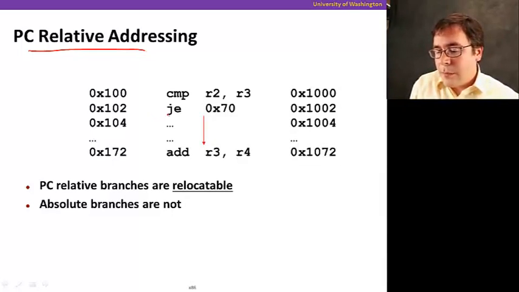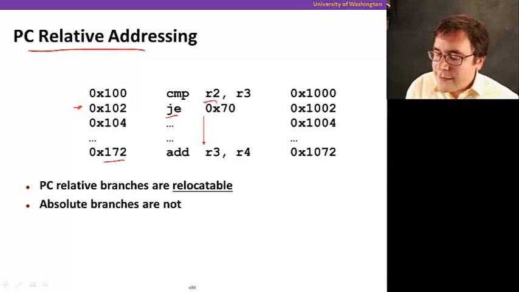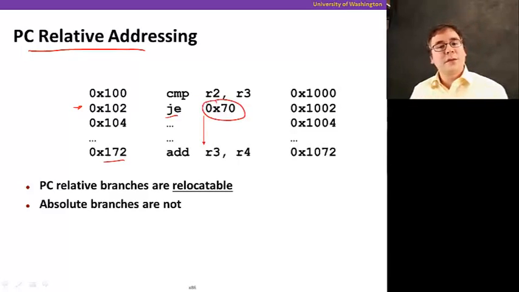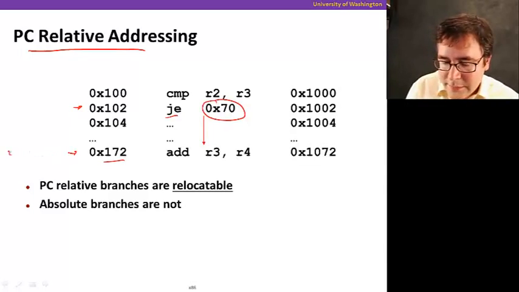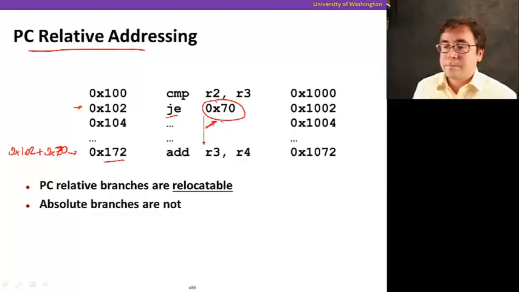In this example, we have this JE instruction located at address 0x102, and it jumps to 0x172. But note that the destination here is specified as 0x70, because the target address is computed as 0x102 plus 0x70, which is this value here.